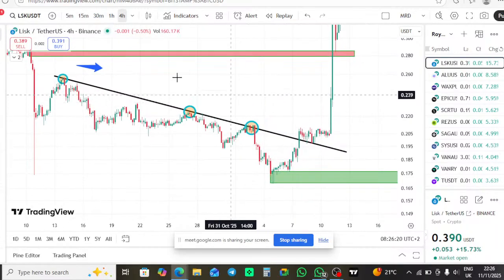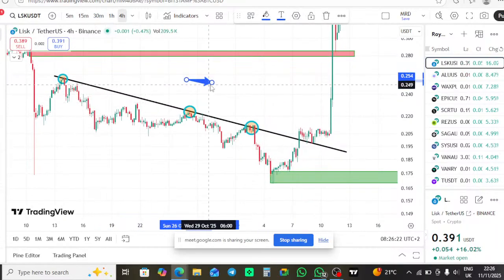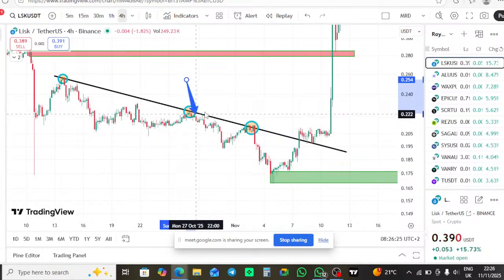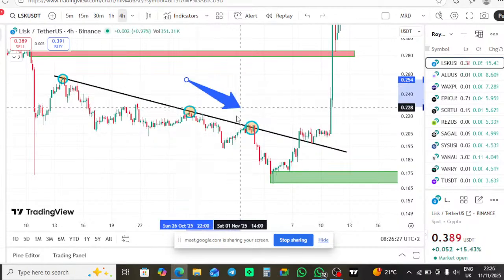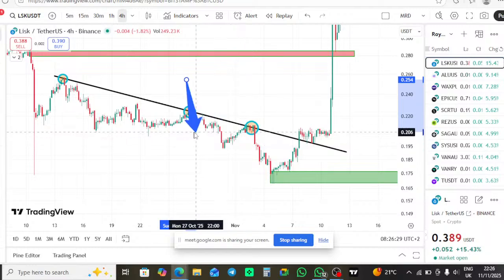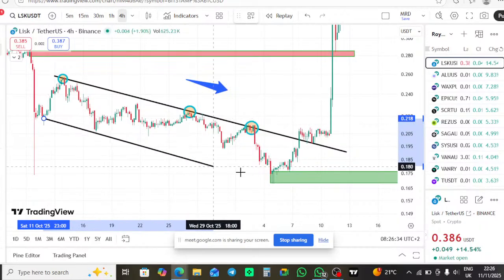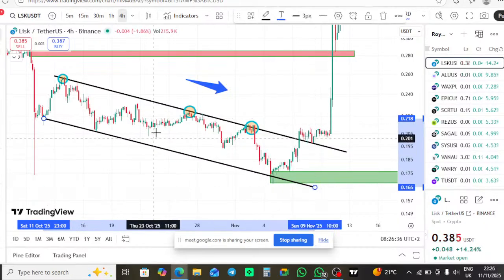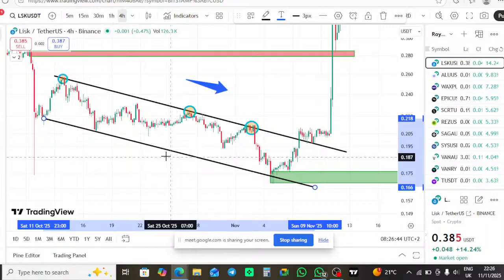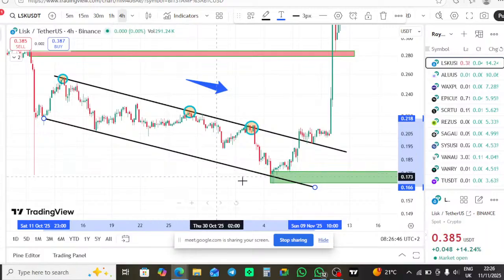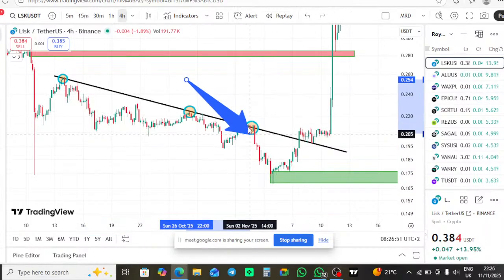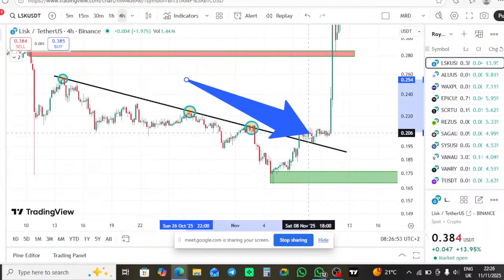Therefore, I have my 3 points where the market has been touching and rejecting, touching and rejecting. Are we together? Now, you don't mind about the lower one, to put another line there. It is not necessary according to what we want. We want the market to break the upper trend line. I repeat, we want the market to break this upper trend line.